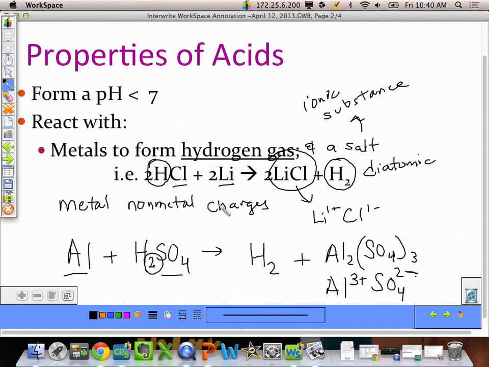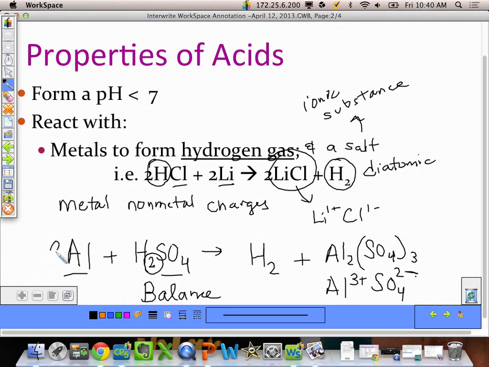Because once we get that all set up, we need to balance. Show me with your fingers what number I put in front of the Al.